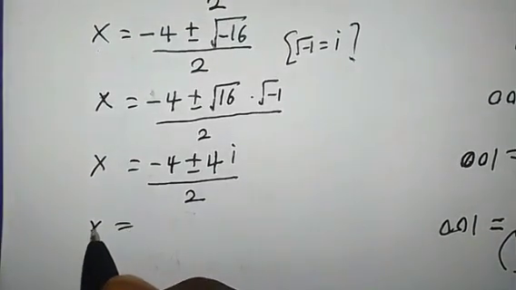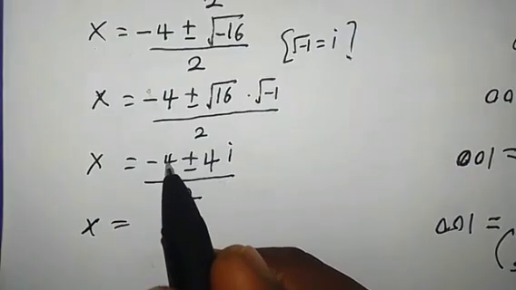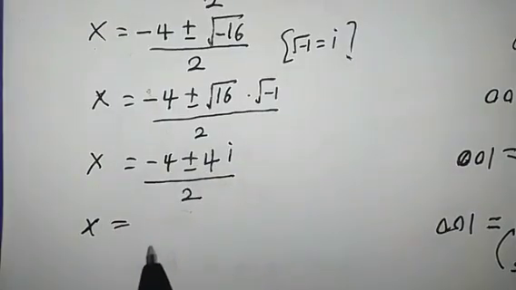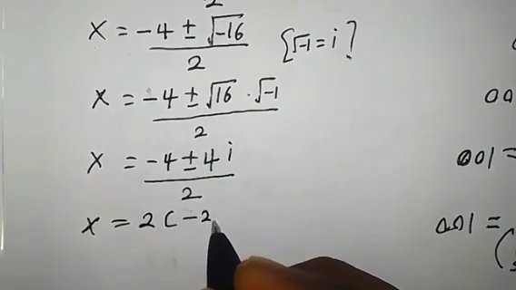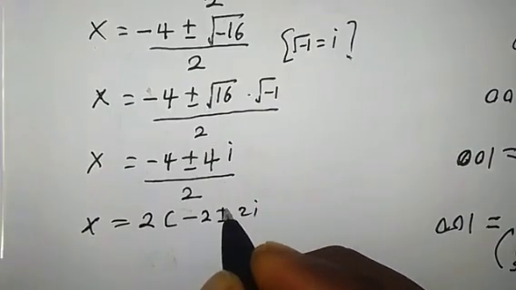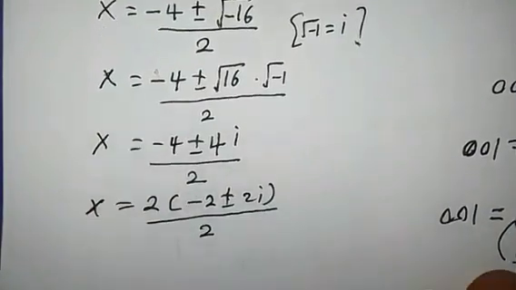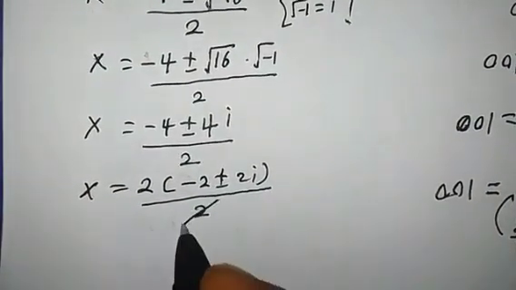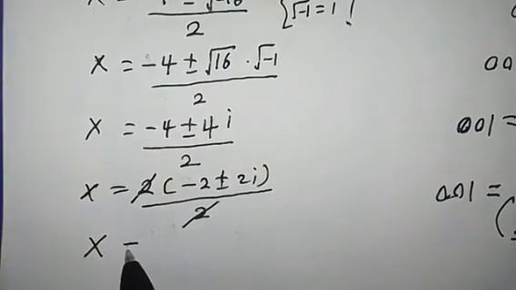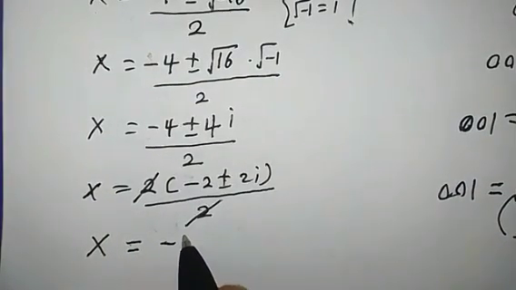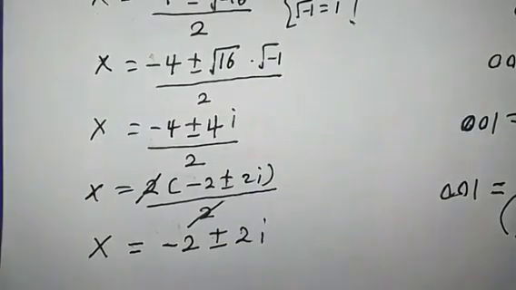x is equal to, I can factor out 2 from this numerator. So that will be 2 times (minus 2 plus or minus 2i) divided by 2. Clearly, 2 cancels 2. We are left with x equal to minus 2 plus or minus 2i.